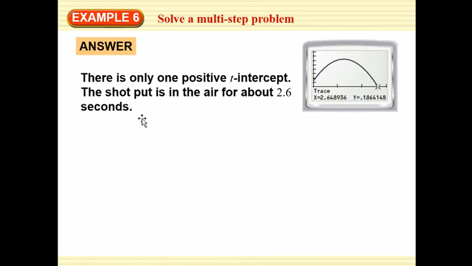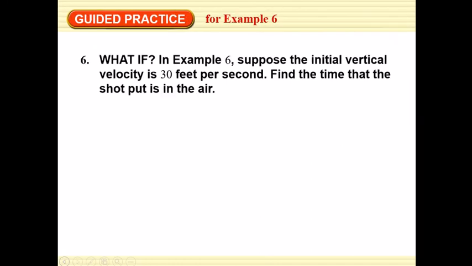So after about 2.6 seconds, this is about what your graphing calculator would look like if you type that in. So, guided practice number 6. What if, in example 6, the initial vertical velocity was 30 feet per second? Find the time that the shot put was in the air.